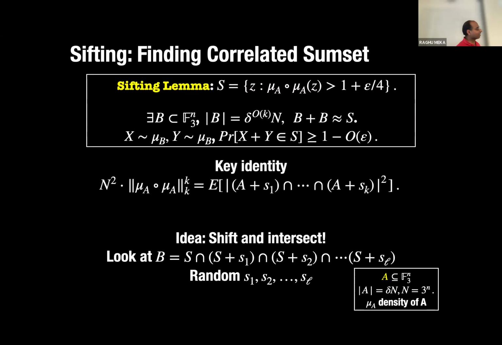And how do you do this calculation? It could have been very messy, but fortunately, it turns out to not be very messy. There are some beautiful identities that start showing up, which were very surprising to me. I wouldn't have expected that such identities held, but they do. In particular, if you look at this operation that we're doing, S intersect S plus S1, intersect S plus S2, and so on, it seems like a very crazy operation.